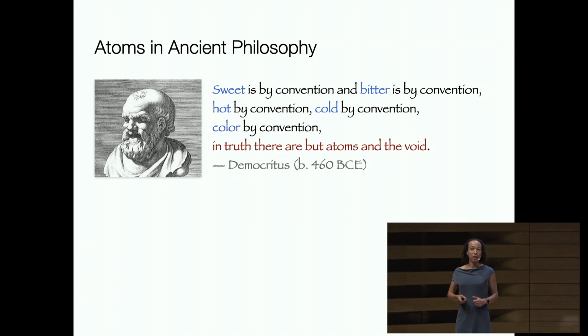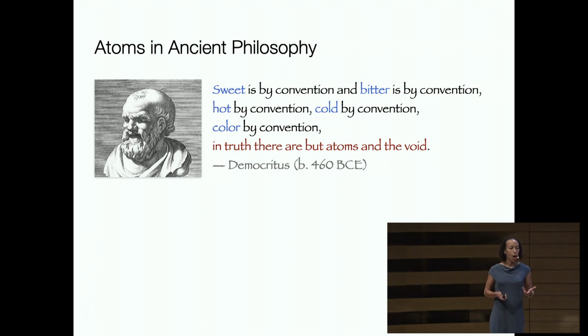I want to introduce this on a bit of a philosophical note. Here's a philosopher we should all be grateful for: Democritus, who invented the concept of the atom. There's a wonderful quote from him where he says that sweet and bitter, hot and cold, color, all of these things are by convention, and in truth, there are but atoms and the void. What does he mean by that?